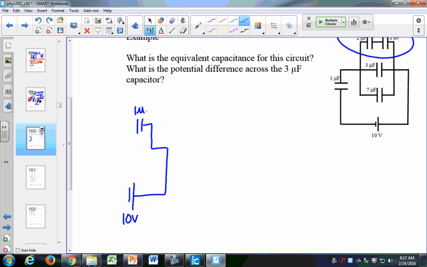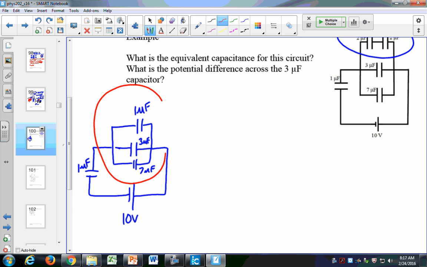So this is now going to be a 1 microfarad with a 3 microfarad. Oh, this one doesn't have easy numbers, sorry. And a 7 microfarad. And then I combine that with a 1 microfarad. I go down there. Now what am I going to combine?